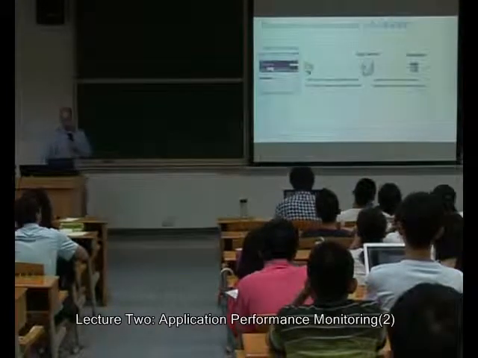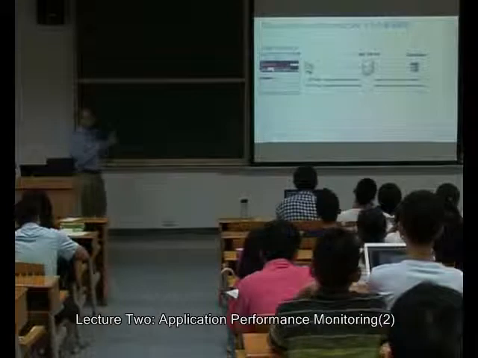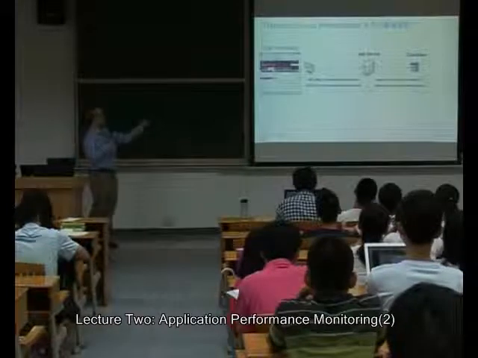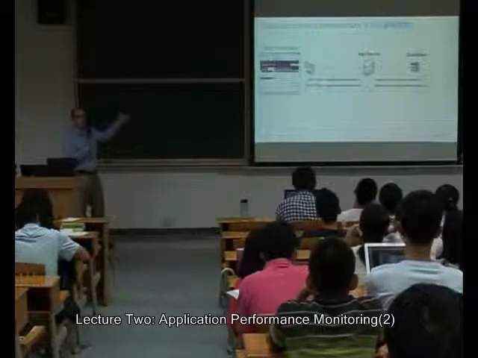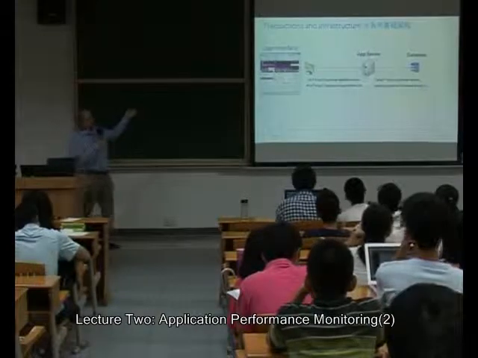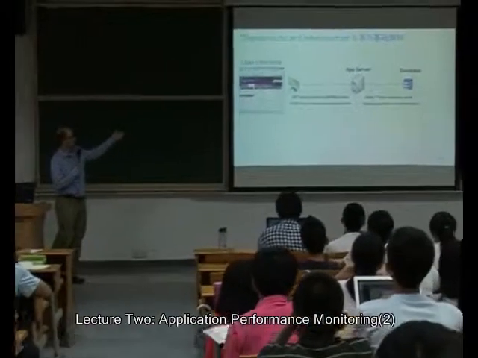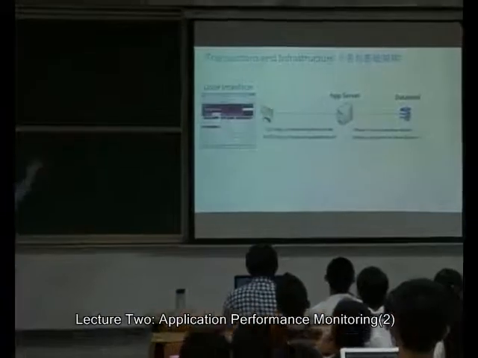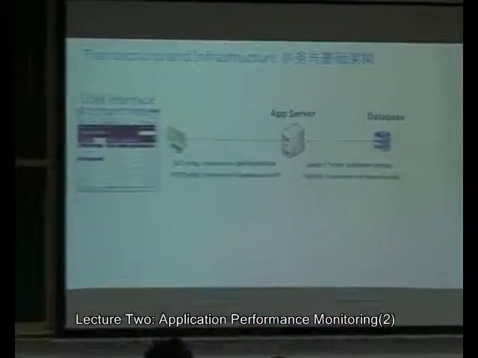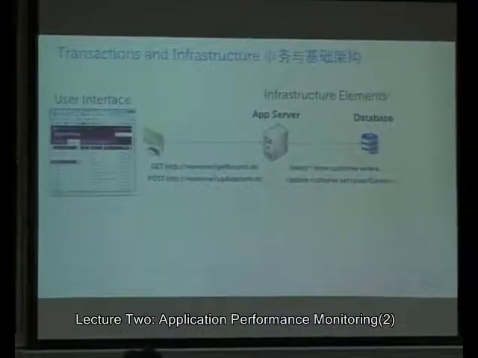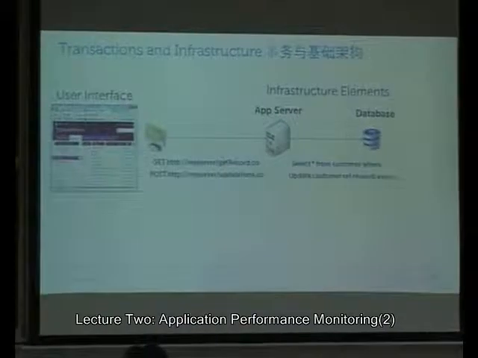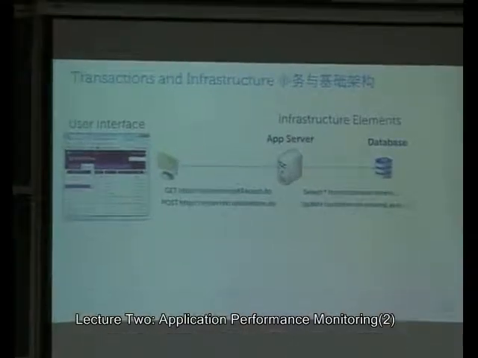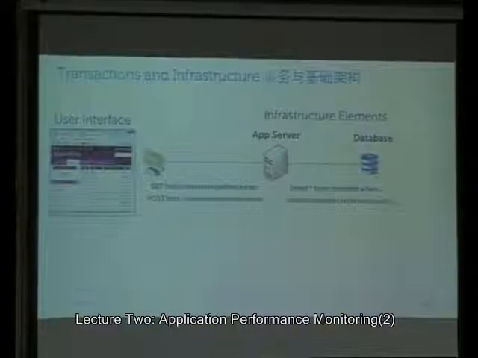So just to illustrate this point, this is an application running. We've got a web page, and it's sending HTTP requests to the web server, or the app server, and then the app server is sending SQL to the database. So the app server and database are considered infrastructure elements. That's part of the infrastructure.